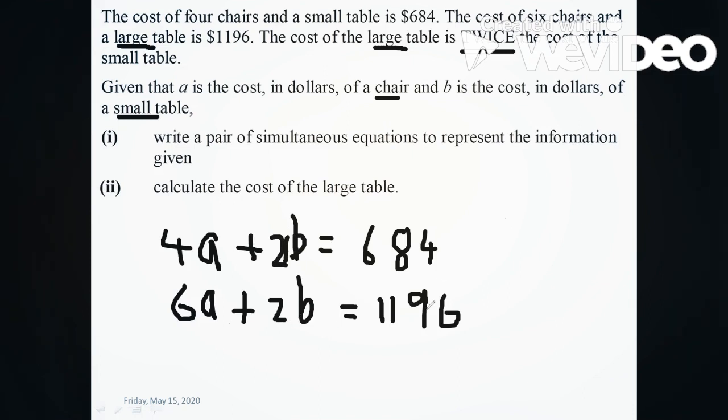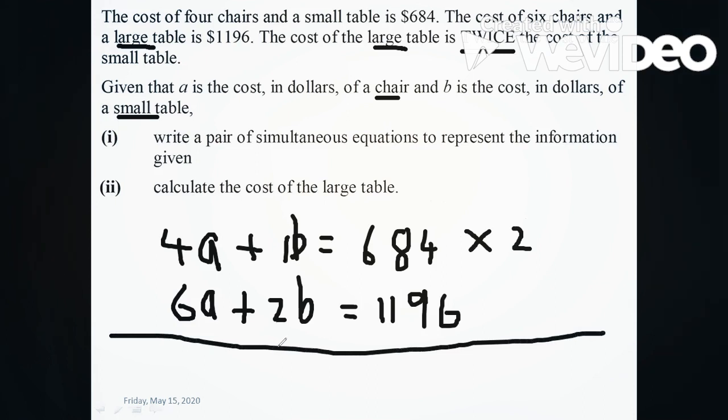In other words, if I multiply equation 1 by 2 and subtract them, b will be eliminated, leaving us a. Because of space constraint, please bear with me. I hope you understand the logic behind multiplying equation 1 by 2. So it's 2 times the entire thing.